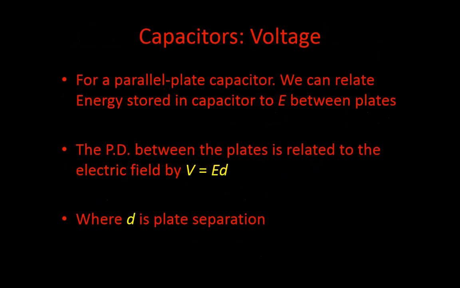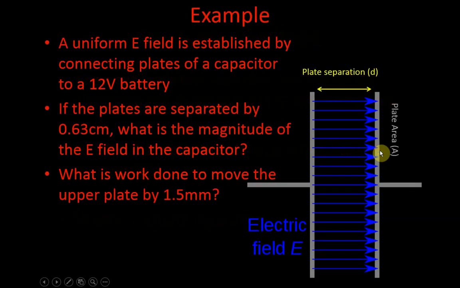Remember also, for our parallel plate capacitor, we could relate the voltage of the system to the electric field and the separation of the plates by V equals E times D, where D is our plate separation. Consequently, if we look at this in terms of the electric field, we can say a uniform electric field is established by connecting the plates of our capacitor.